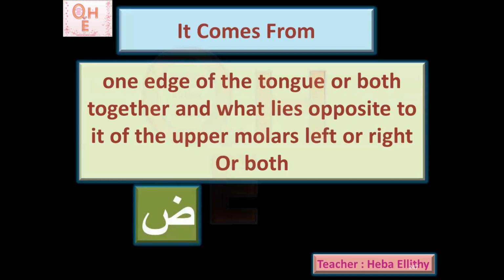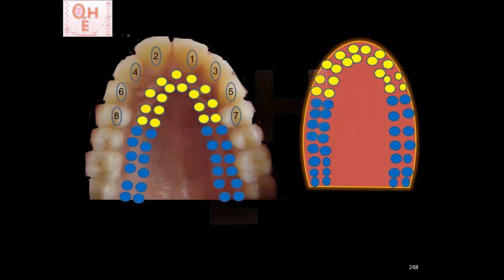Let's see this in a picture to make it easy and clear for you. This is the tongue. The blue area here, this is the place of letter Daad. And this is the upper palate. This is the teeth and upper palate.